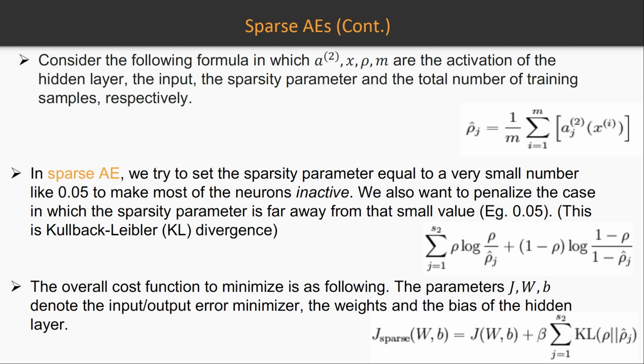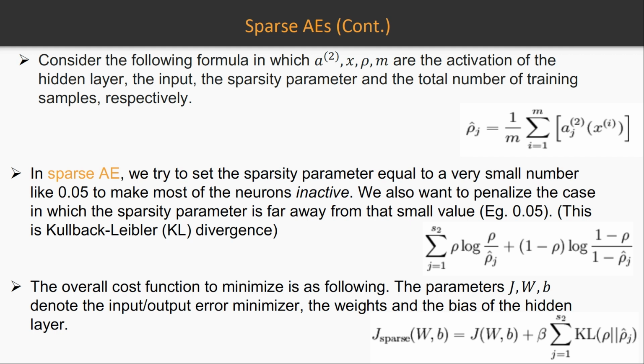So the second formula that you can see here in this slide shows the Kullback-Leibler or KL divergence. It shows how far away two distributions are from one another. Since the target sparsity parameter is small, we also want the rho to be small. So we need to minimize the KL divergence as well as the cost function.